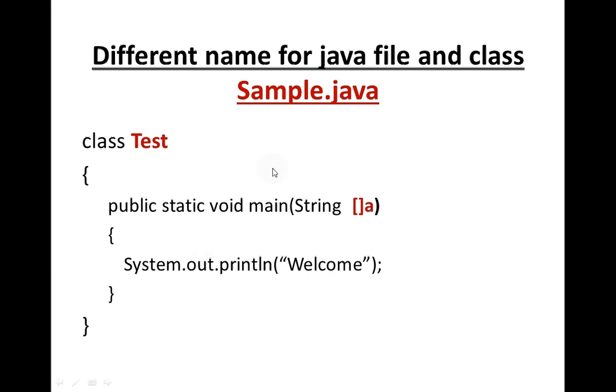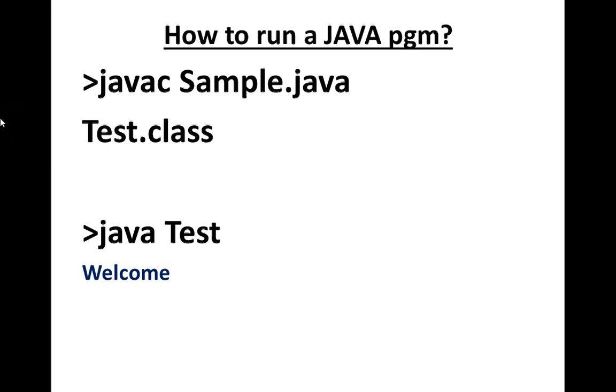Okay, so we can give two different names for the file and class. Here the class name is test, whereas I am giving sample as the file name, as it is also possible. We are executing the same program we discussed in the previous example, changing only one thing: the class name is test, whereas the file name is sample. Now we execute the code with the Java compiler and interpreter.